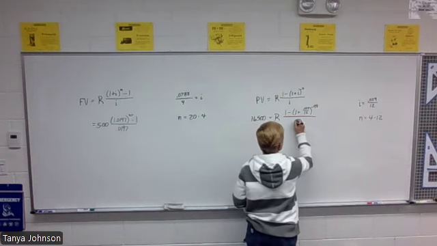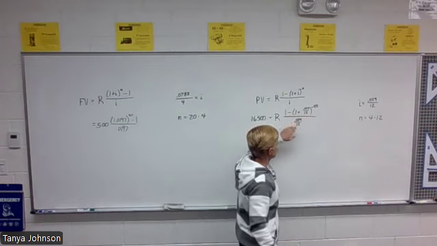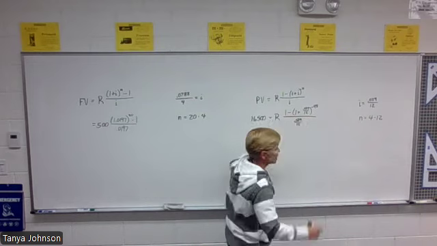Over 0.029 over 12. Again, I wrote this really complicatedly because I didn't have a calculator in my hand. But that's what you got to figure. And here's what happens, folks.